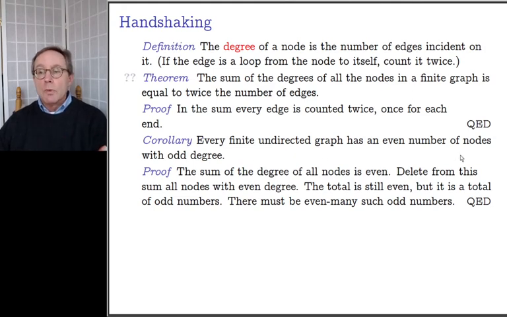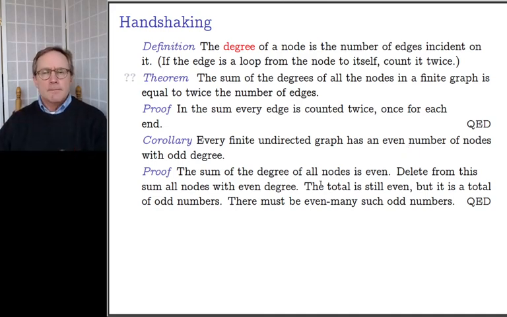So degree 1, 5, 3, 7, 153, whatever the odd number, don't care. Look at all the nodes that have an odd degree. How many of them are there? The answer is there has to be an even number of them. It could be 0, but 2 or 4 or 6 or 8.